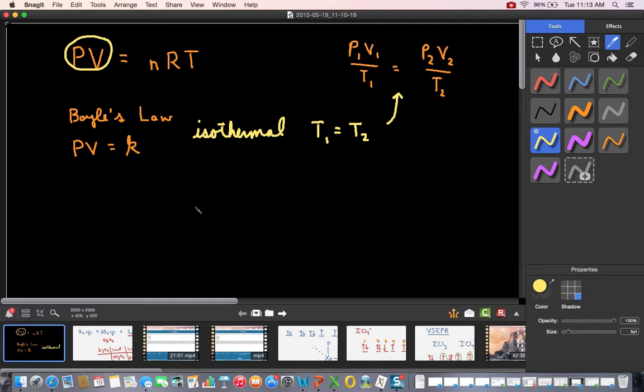Now let's look at isobaric conditions. Isobaric conditions mean that P1 is equal to P2, and they drop out of the equation. And so at this point, I get Charles' law.